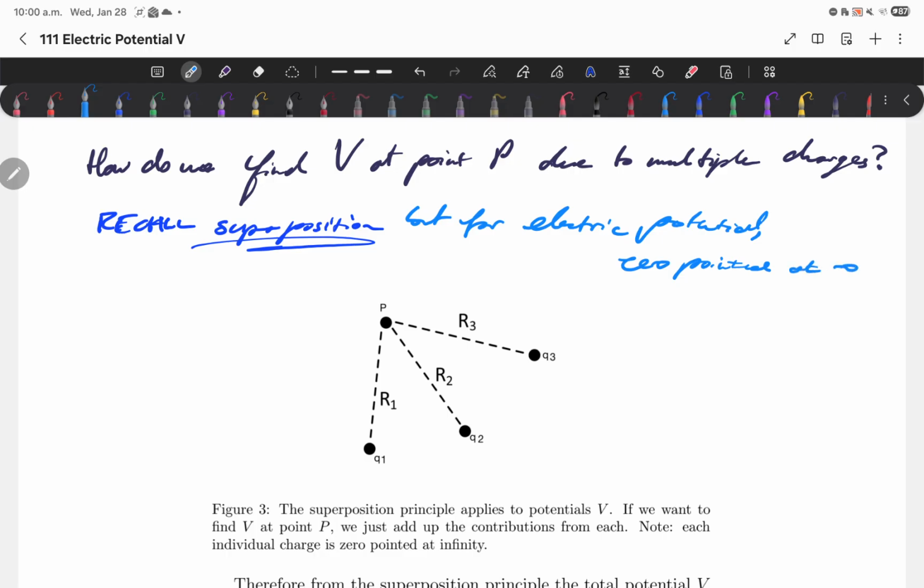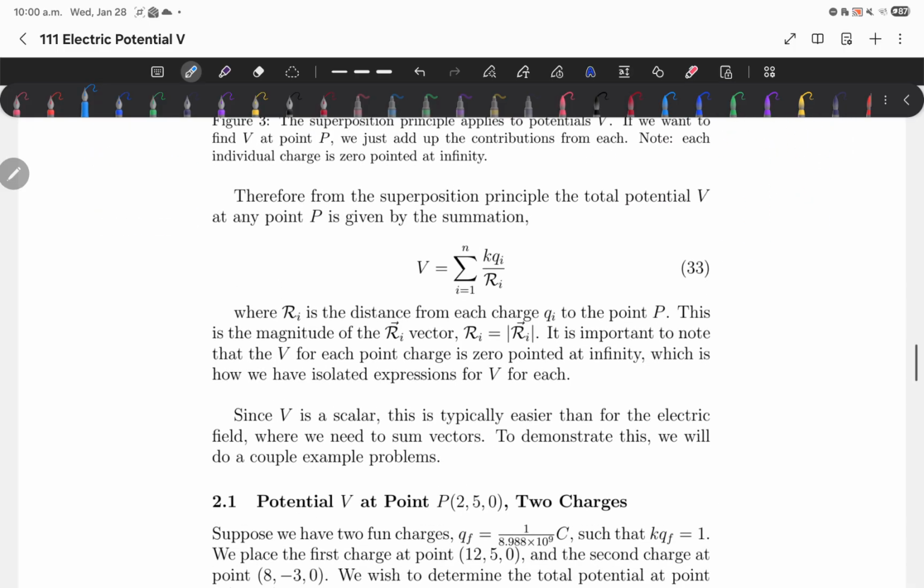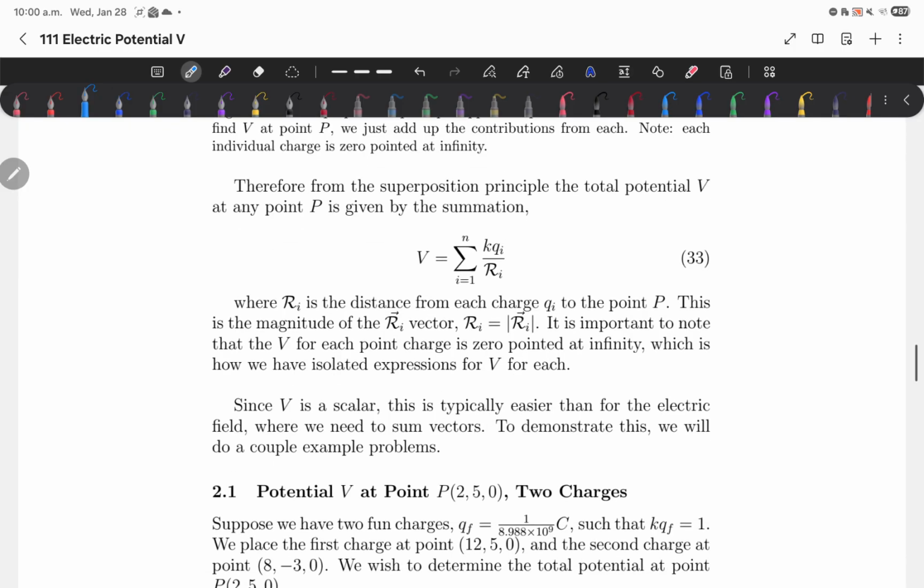Same as before, this time way easier. No vectors. We just gotta write down what V is, the scalars, and add them up. So here it is. Superposition principle for potentials. We simply add up kq over R for each one of our charges.